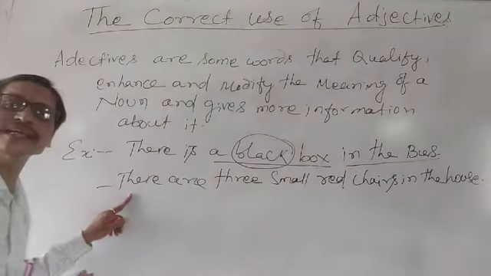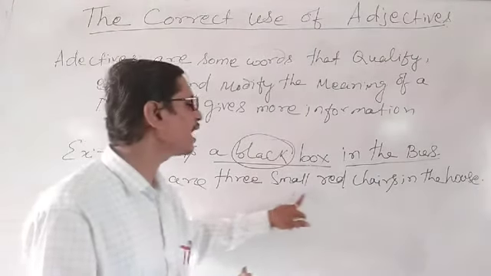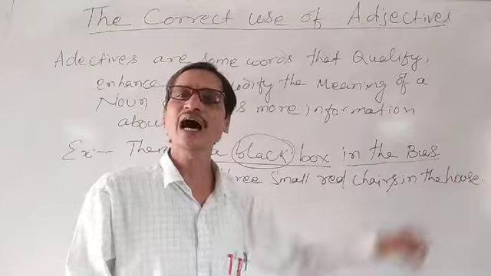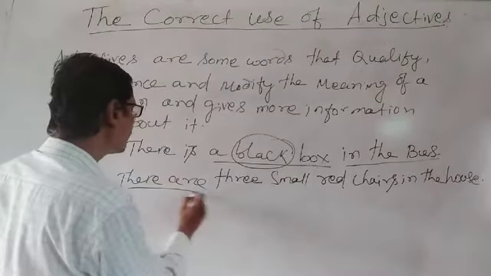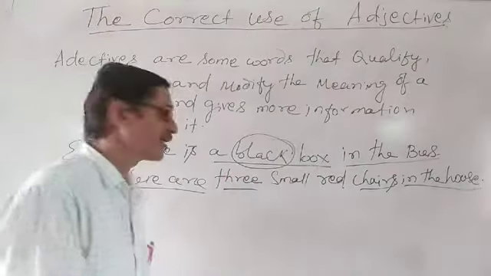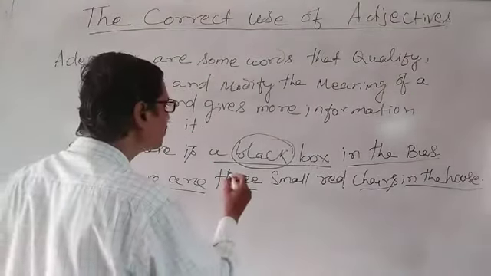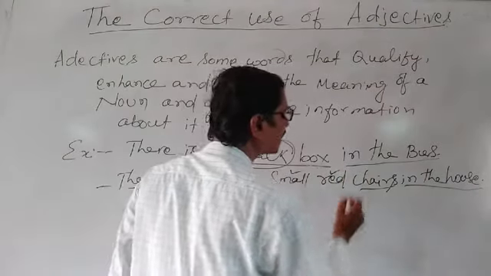Similarly, you see another example is given over here. There are 3 small red chairs in the house. There are 3 chairs in the house, there are chairs in the house also, we can say. But here we have used 3 small red.